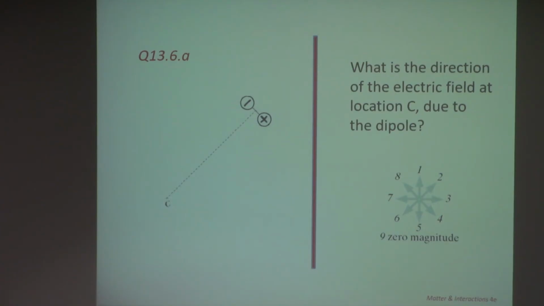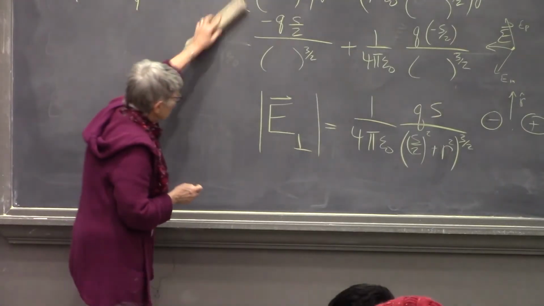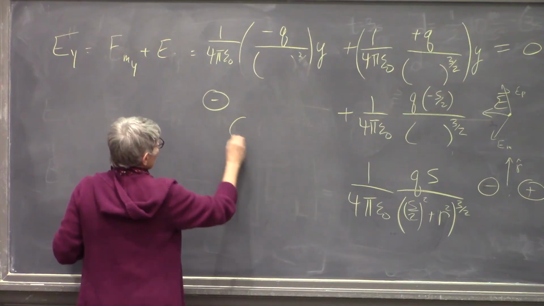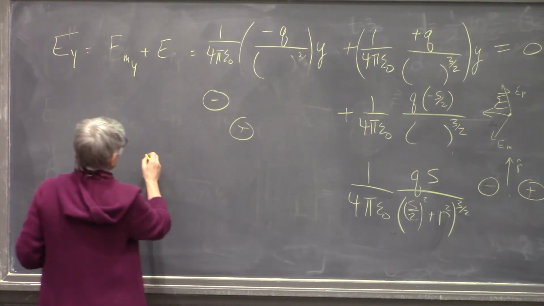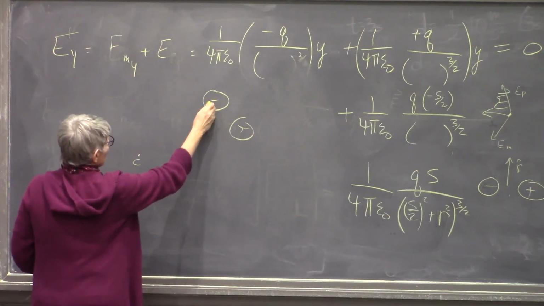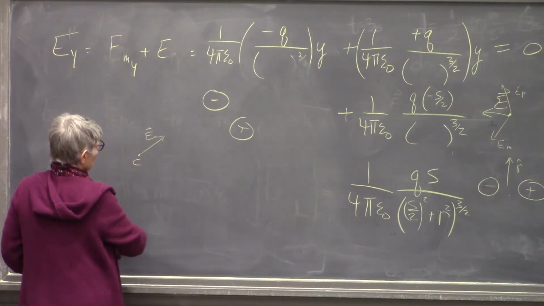So I'm seeing 8. I think I agree. So let's see how we got that. If we have a negative and a positive charge, here's location C. The contribution of this charge would be in that direction.